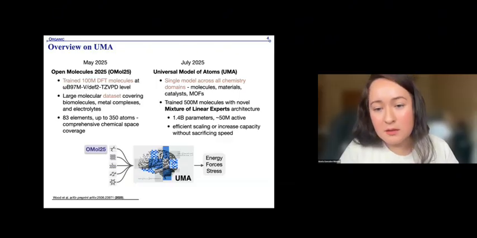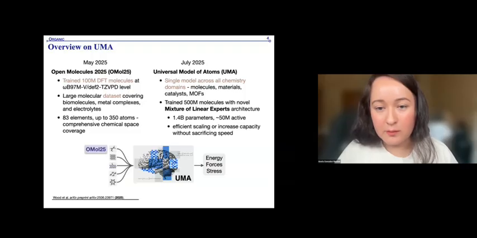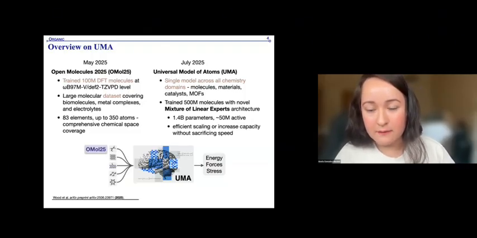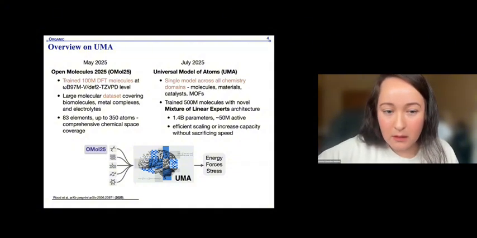But overall, as I mentioned before, it's a 500 million structure trained platform. It has a novel mixture of linear experts architecture, which has 1.4 billion parameters with about 50 million that are active. So it increases its capacity and efficient scaling without sacrificing its speed.